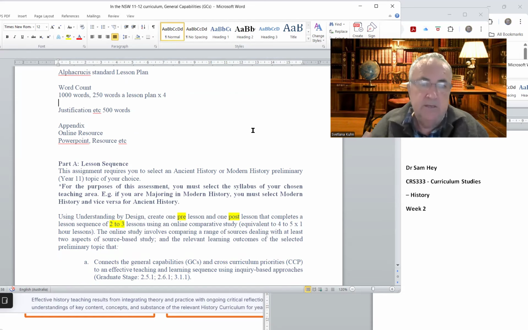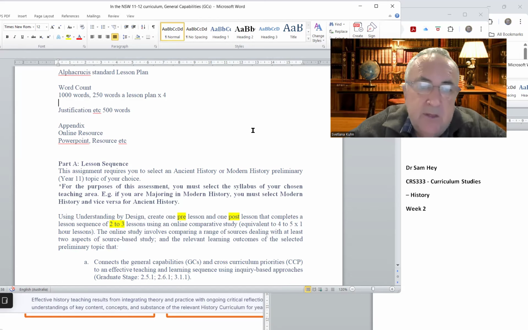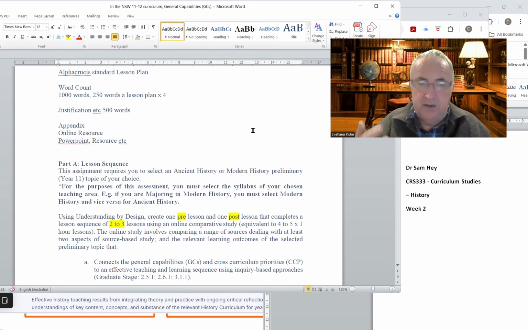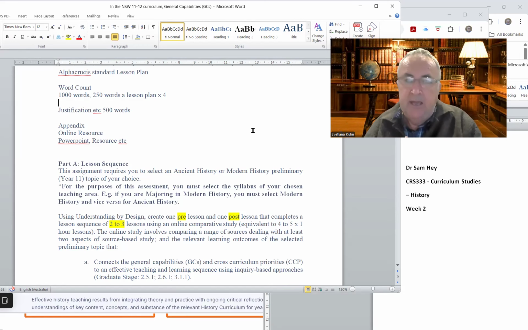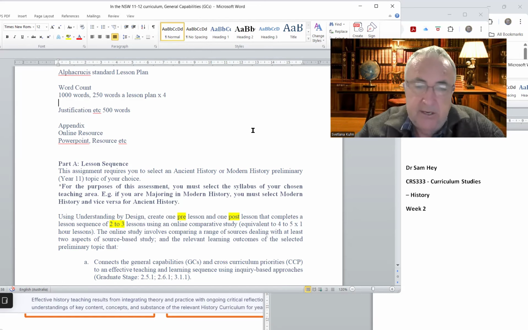So in this 1,500 word lesson plans and justification, firstly, we need to think about the sequence of the lessons. So you'll have one lesson as an introduction, and then you'll have 2 lessons as examples of lessons that you would be teaching in the topic that you've chosen in year 11 and 12 history.